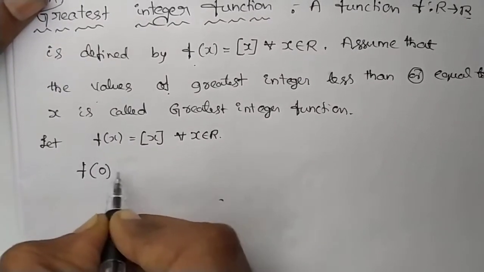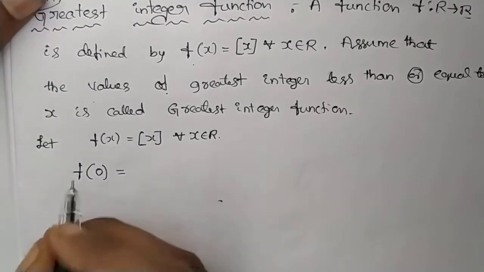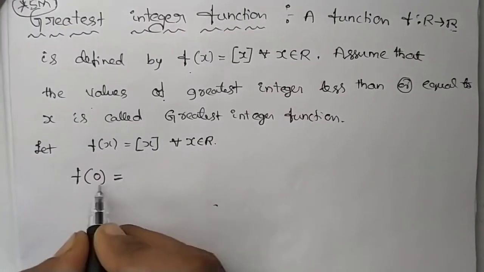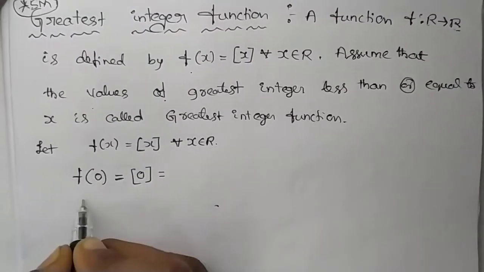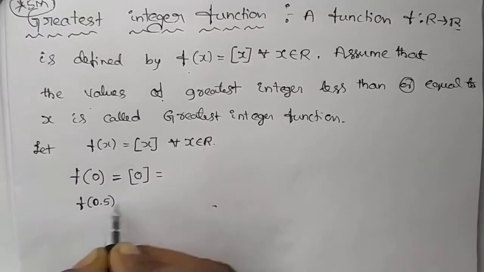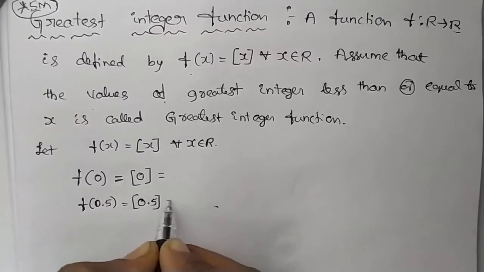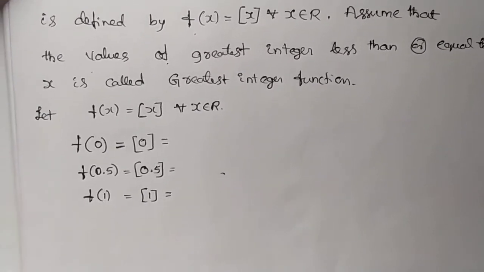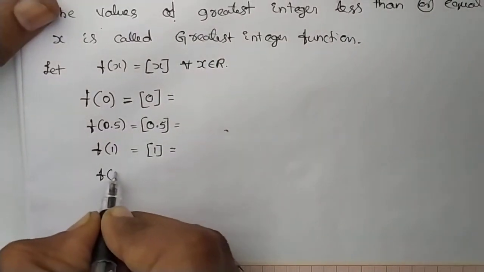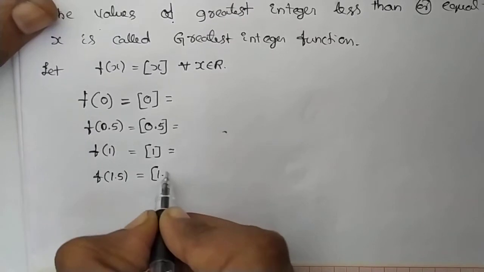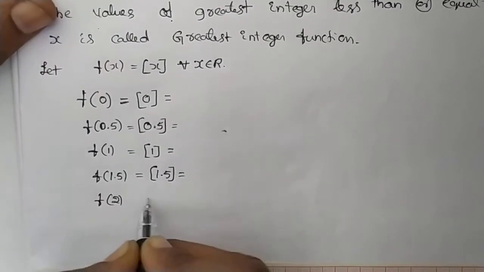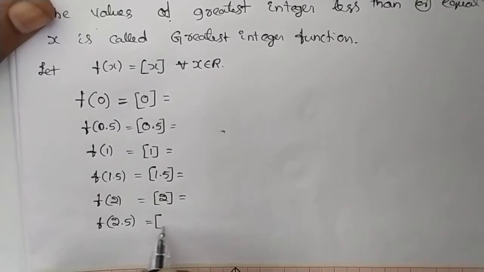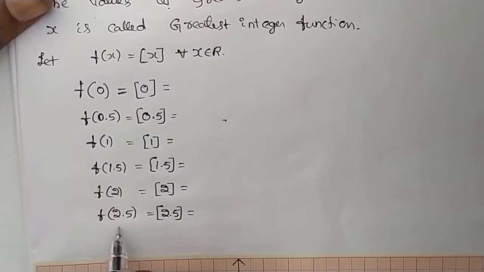I will take it from 0, f of 0. I am not going to draw the table because this function is a little bit different from the previous types of functions. f of 0, step 0; f of 0.5, step of 0.5; f of 1, step of 1; f of 1.5, step 1.5; f of 2, step 2; f of 2.5, step of 2.5, and so on.